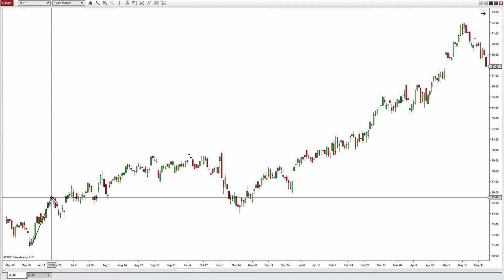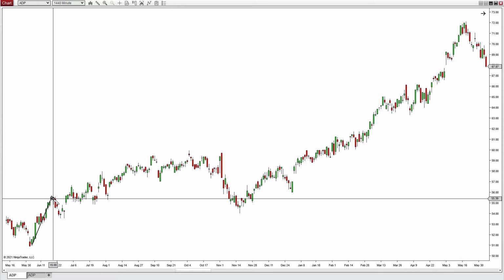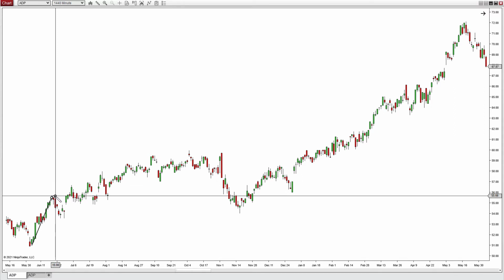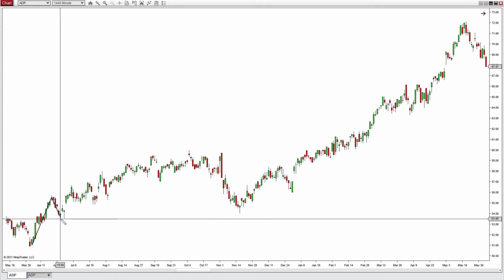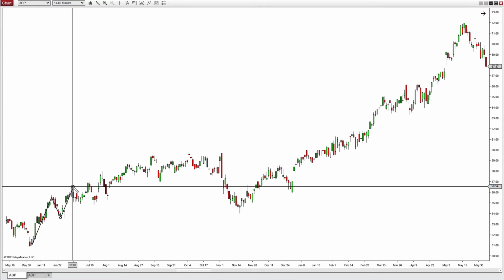And there's not enough participants here to push it even higher. Then it comes down, and it comes down until enough participants agree it's too low and price goes higher. That is all the market is. I don't want to make it any more complicated than that.